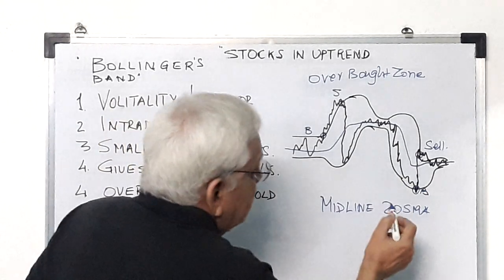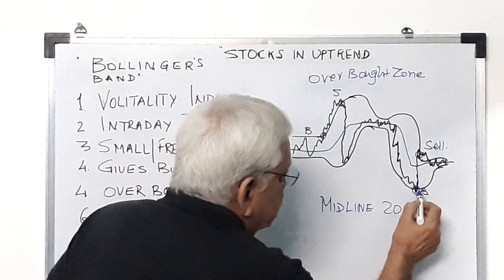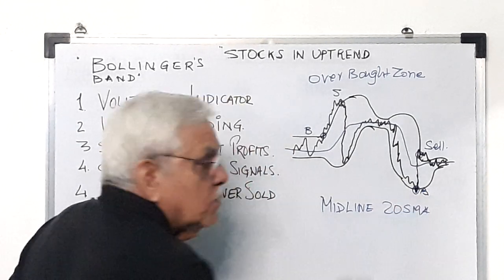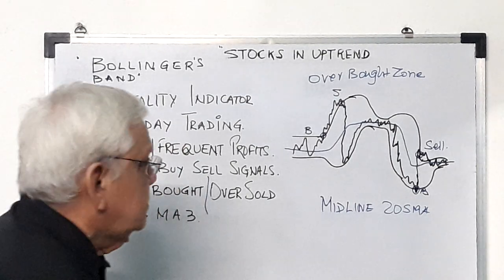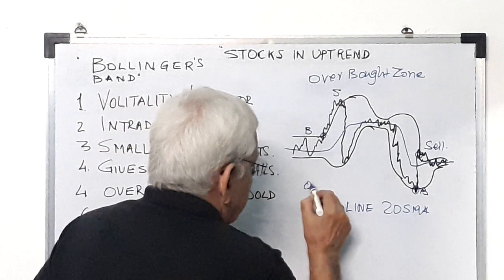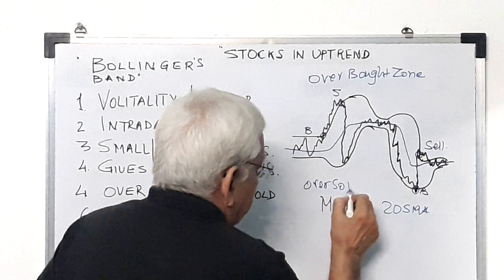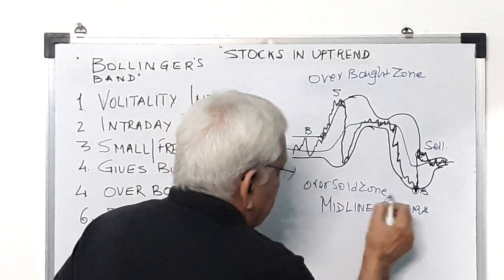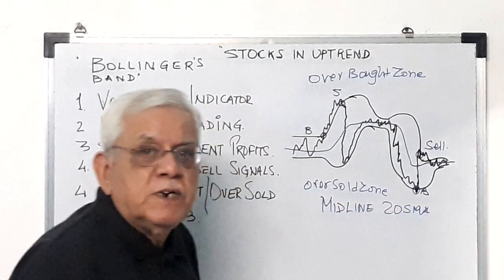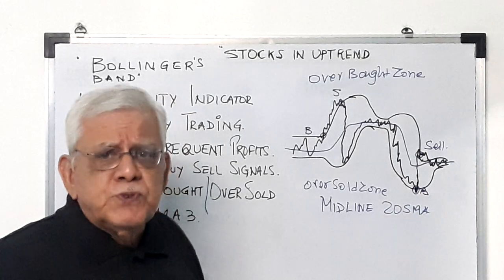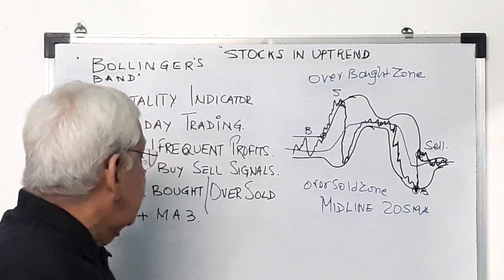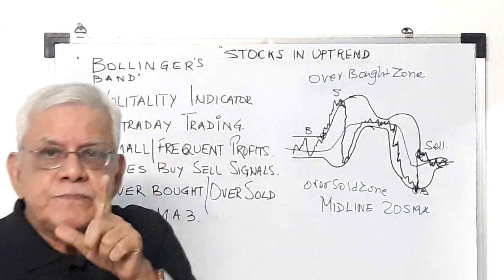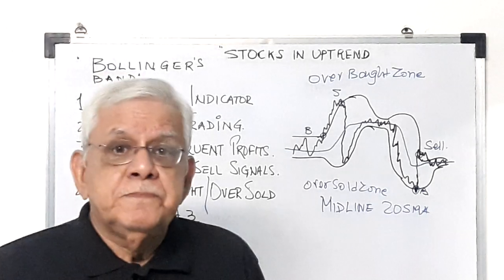So this zone is known as the oversold zone. This small zone is the oversold zone. Sometimes this is big also, no issues. The only point is that it gives buy and sell signals.